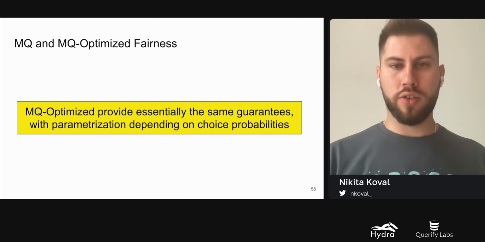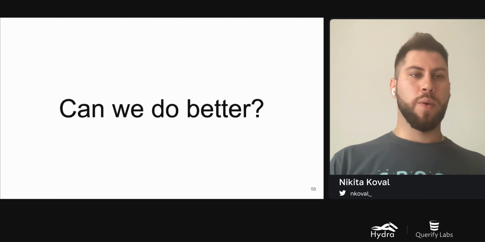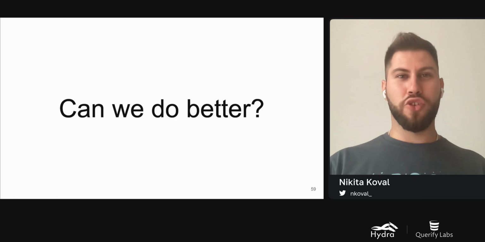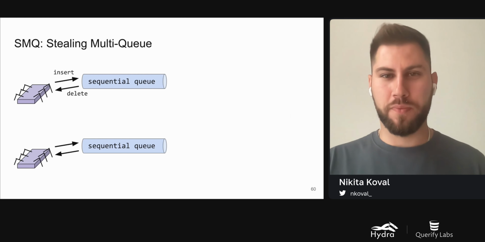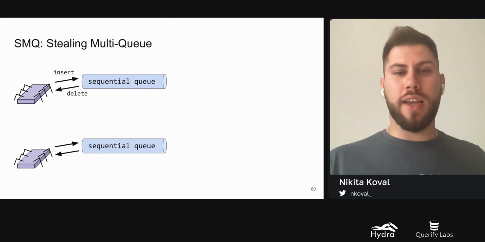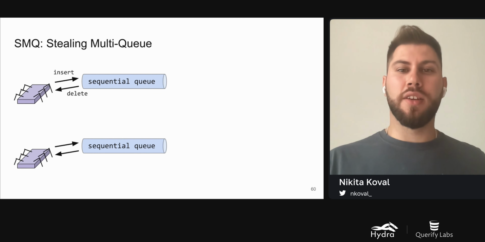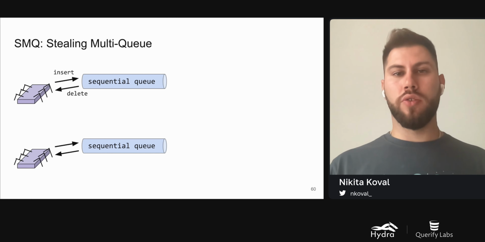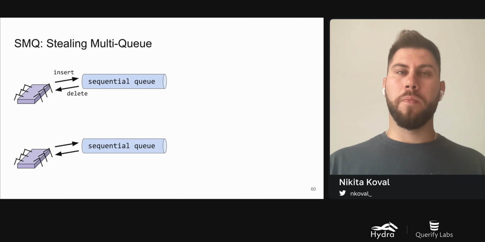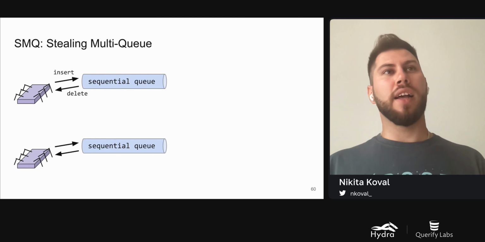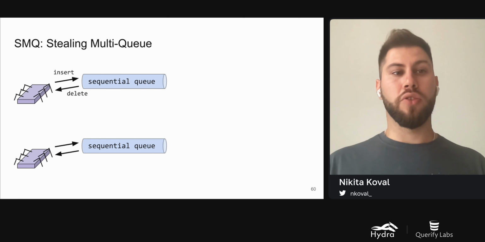So let's try to improve even this algorithm. Let's try to beat P1 and promote. And here we come to a new design, which is called stealing multi-queue. The idea is that we want to use these temporal locality and task batching optimizations together.